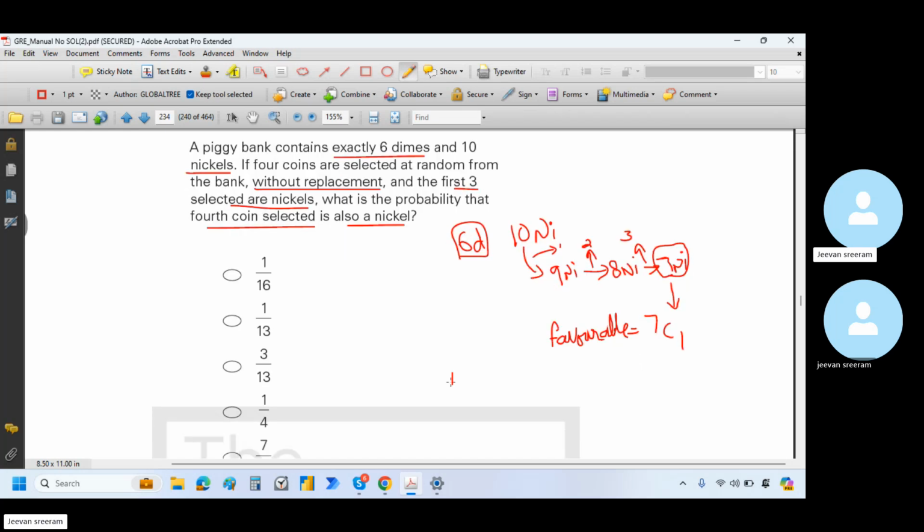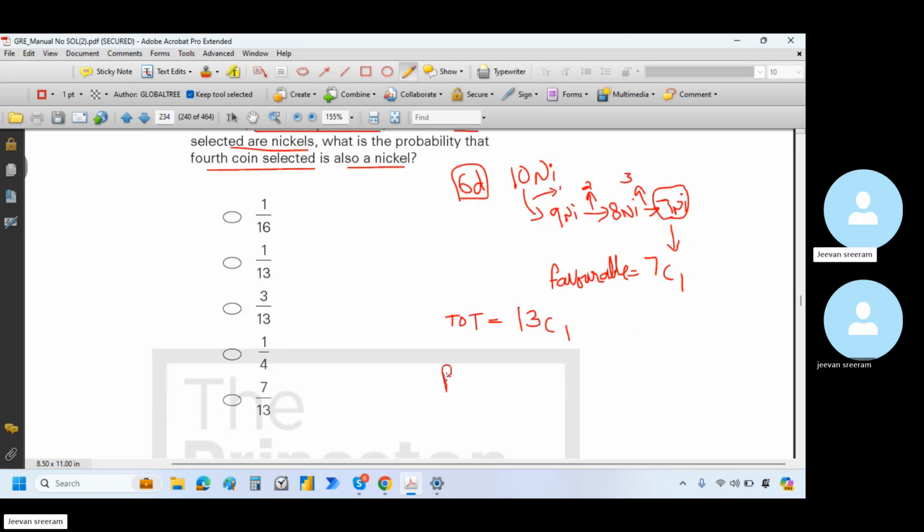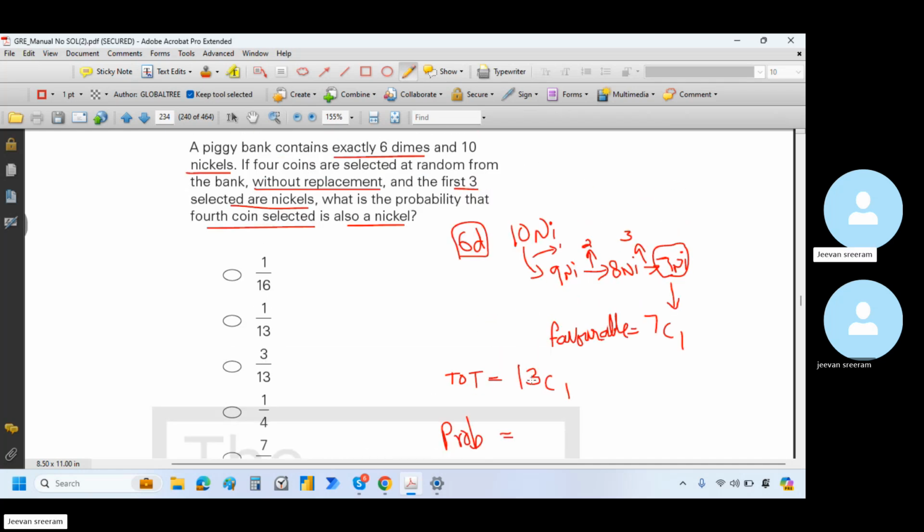But how about the total chances? Total chances means the piggy bank actually consists of 6 plus 7, 13 coins in that particular piggy bank, because already 3 coins have been removed. So the event is selecting 1 coin from 13 coins. That can happen in 13C1 ways. So the probability is favorable outcome 7 divided by 13.